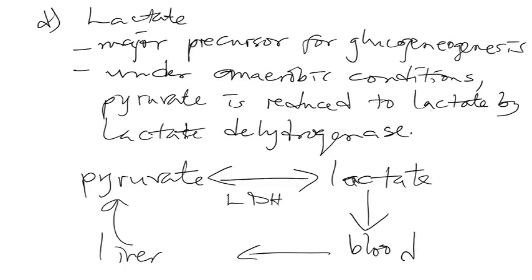So the conversion of pyruvate to lactate, lactate back to pyruvate, and then pyruvate synthesized into glucose is referred to as the Cori cycle.